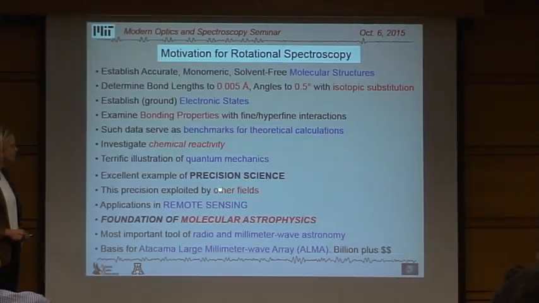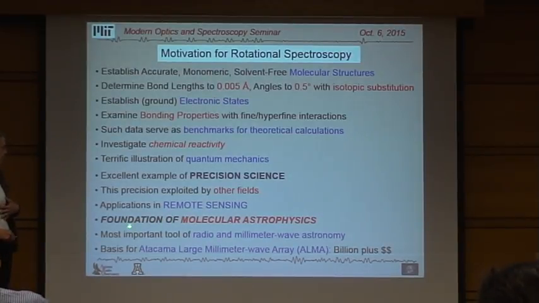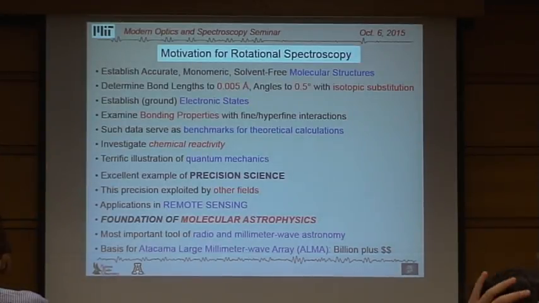And of course, this precision science has been exploited by other fields, particularly those that do remote sensing, atmospheric science for one thing. And most importantly, in my case, rotational spectroscopy has been the foundation of molecular astrophysics. Without rotational spectroscopy, they never would have discovered the molecules that they continue to discover out in space.